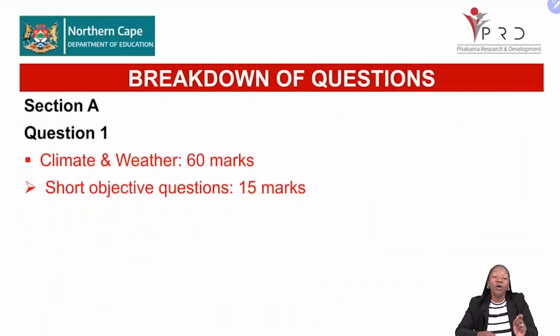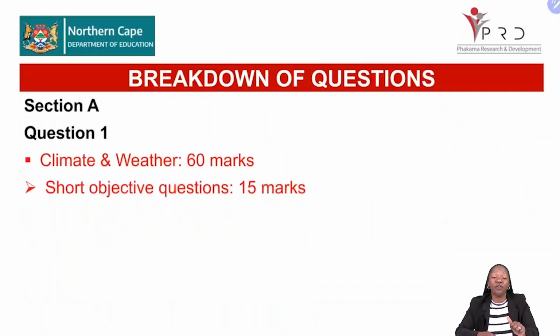It will be from 1.2.1 up until 1.2.7. Remember again, it is advisable that you start by writing down the numbering so that you make sure that you did not skip any number and your answers are in order.